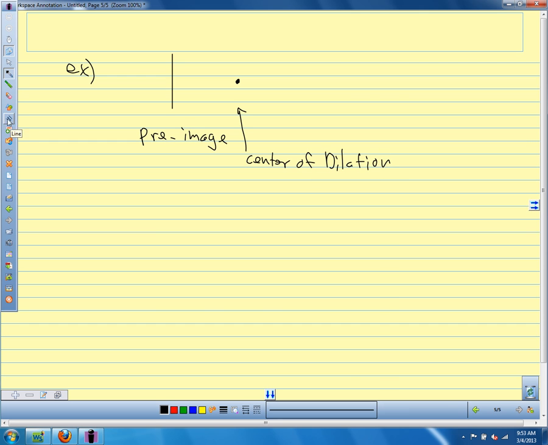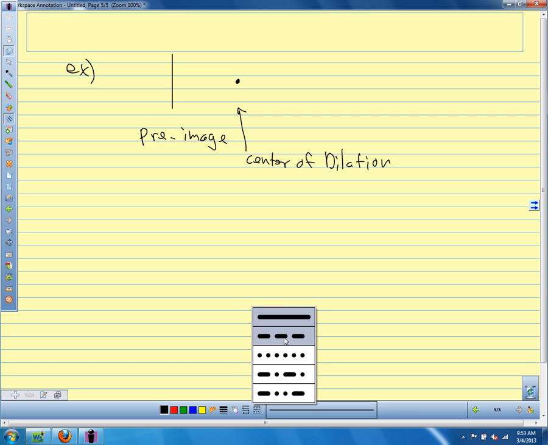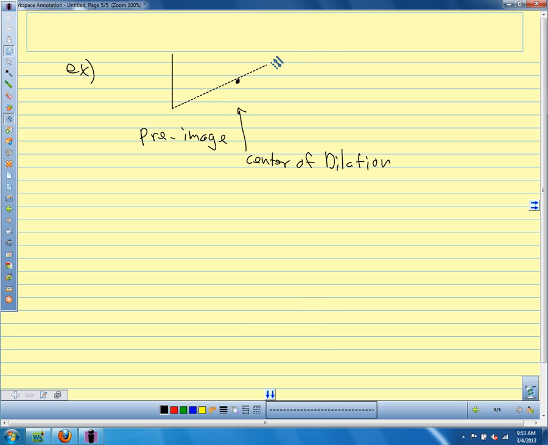And I have a dilation of that segment, so I'm going to draw my lines through there. And let's say that my image is right here, and we know the lengths. So this is my image. This is what I get after I do the dilation.